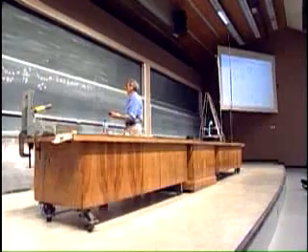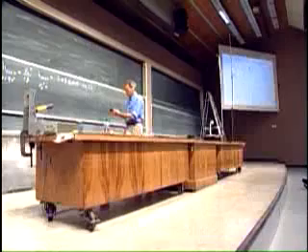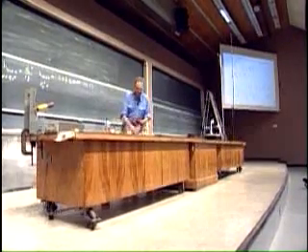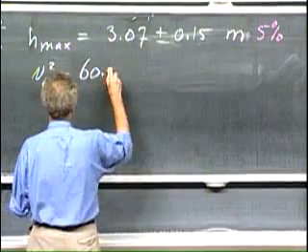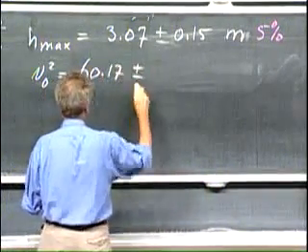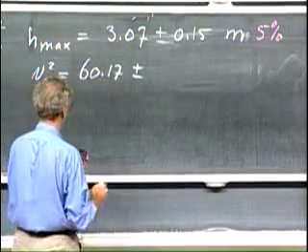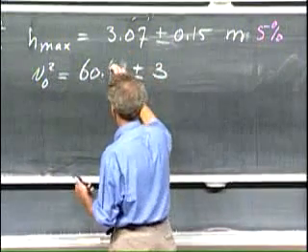That's a detail. 3.07 times 2 times 9.8. That is 60.17. I'd like you to check that. 60.17 plus an error of 5%. That is an error of 3. So you might as well make this 60.2.